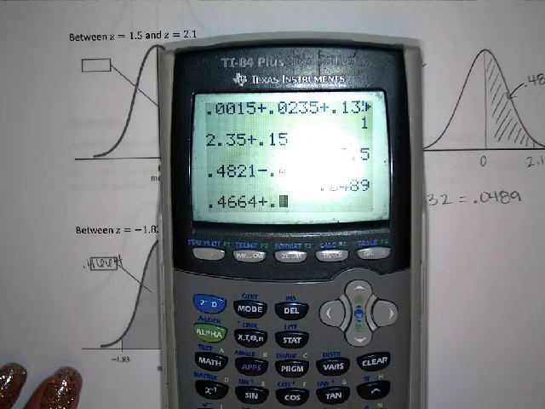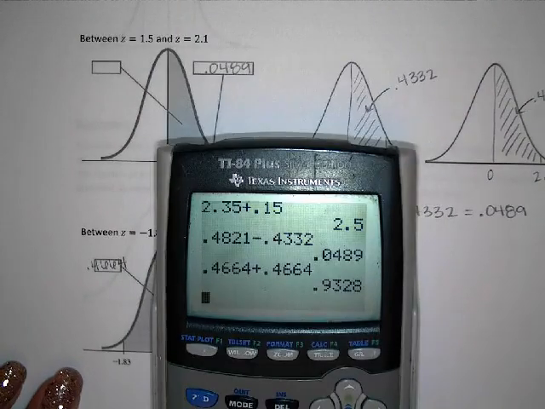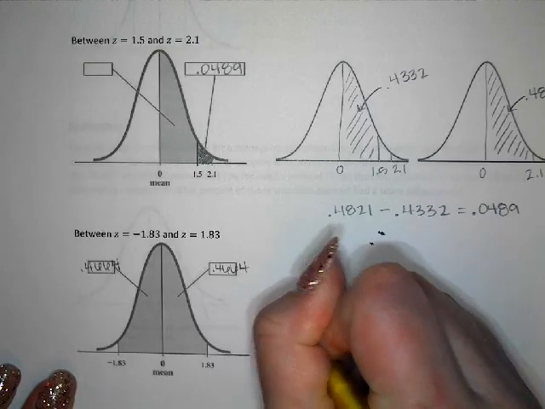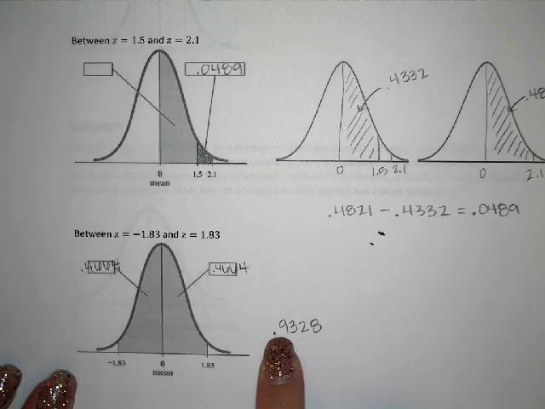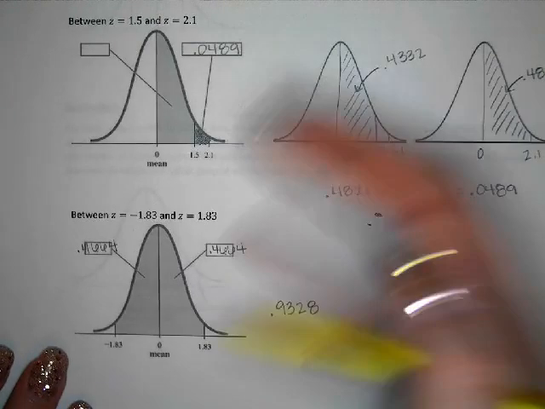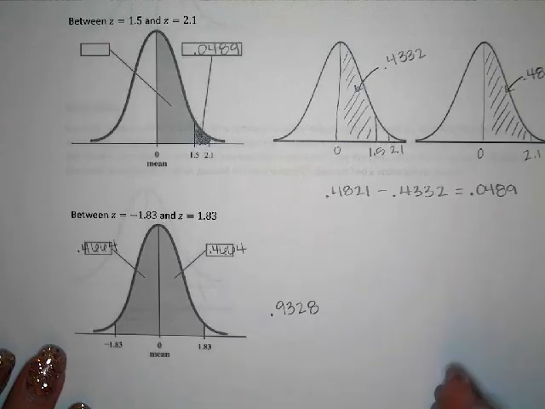And I get 0.9328. 0.9328 is the area under the curve between negative 1.83 and positive 1.83. And the reason that we are interested in the area under the curve, again, is because it describes the probability that the data you're working with is between those values.